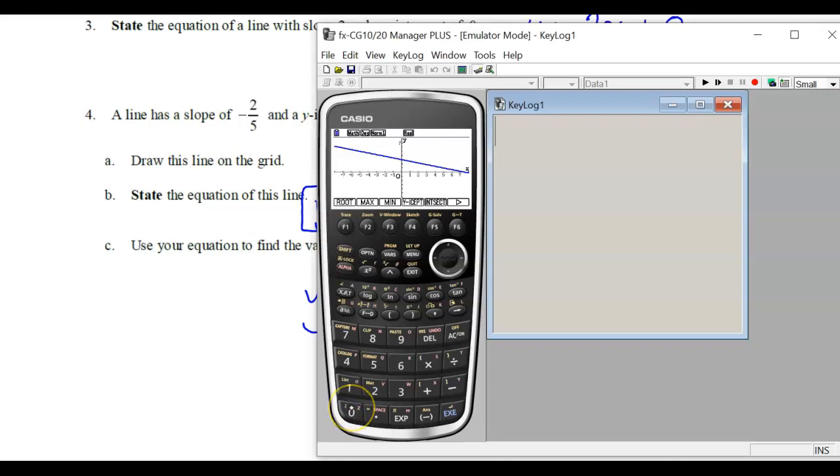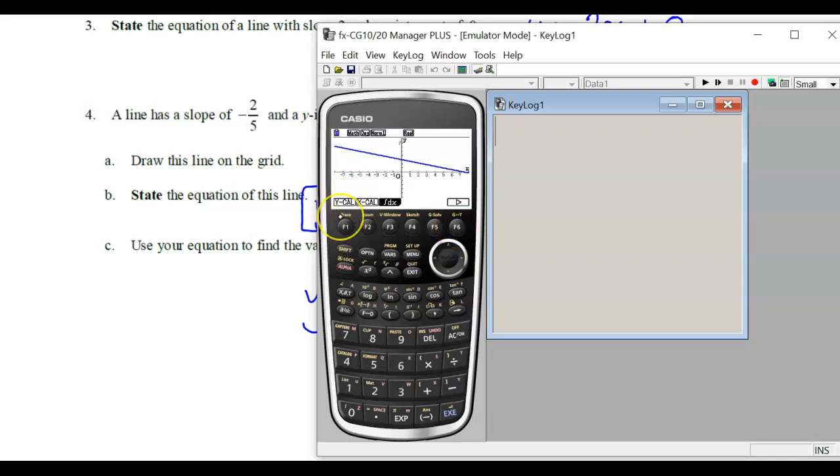Okay, so now do G-Solve, then arrow, and I want to calculate.